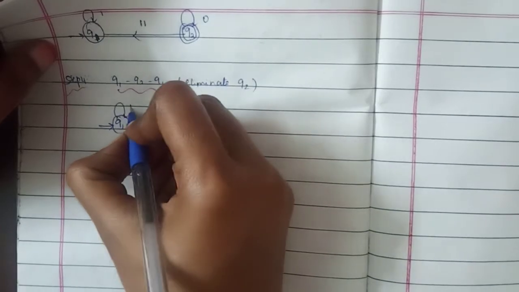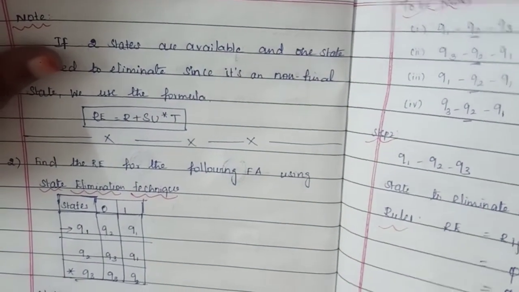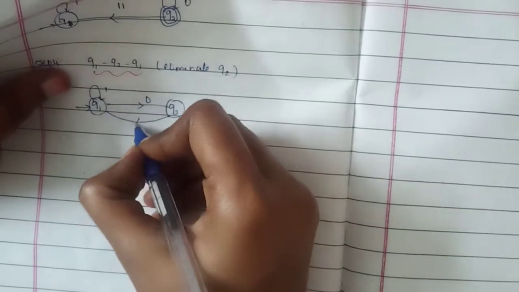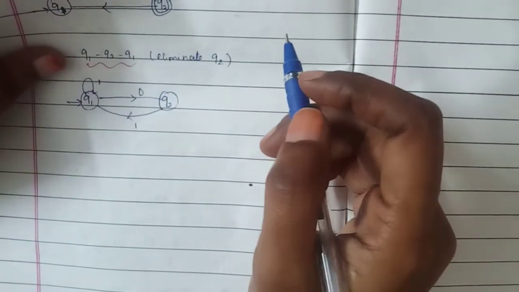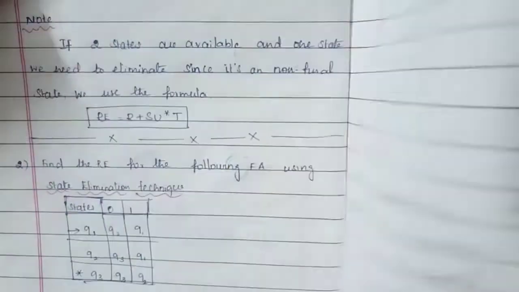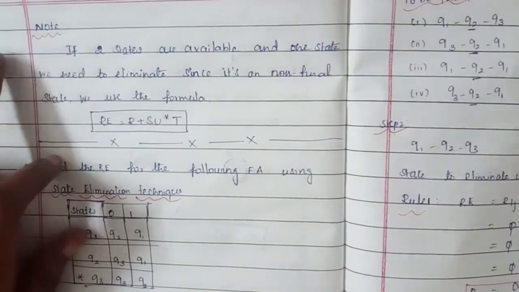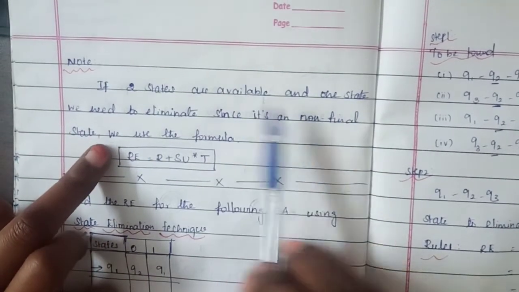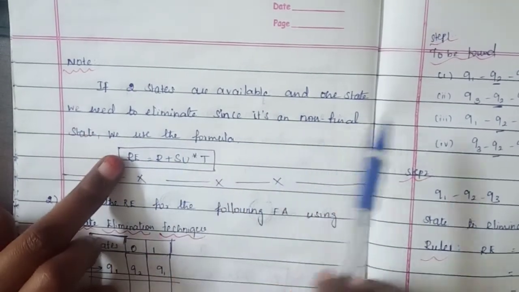So the self state is 1, and when you see this Q2, Q1 to Q2 it's 0, and this is 1, right? That's it. Okay, so for this we have to use the rule. So here only 2 states are available and 1 state we need to eliminate since it's a non-final state.